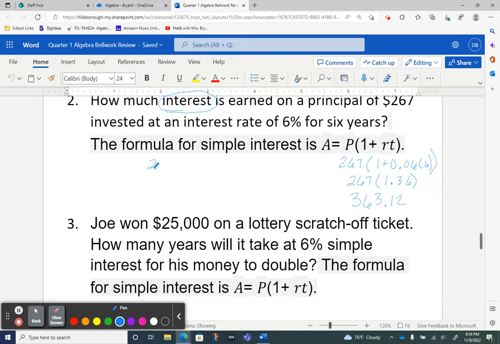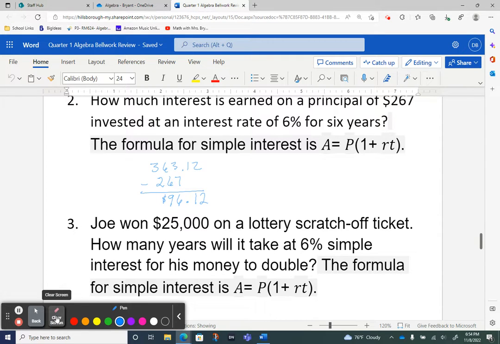So take that total amount of $363.12 and subtract my $267 that I originally put in my account, my principal. What I end up with is $96.12 for the amount of interest.